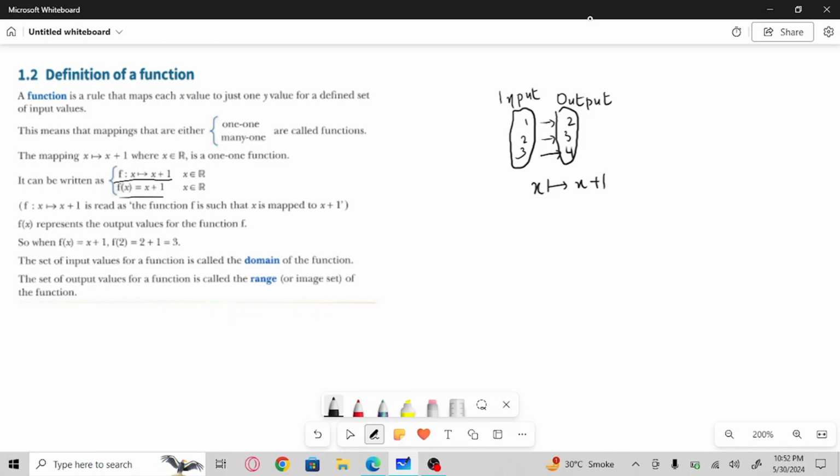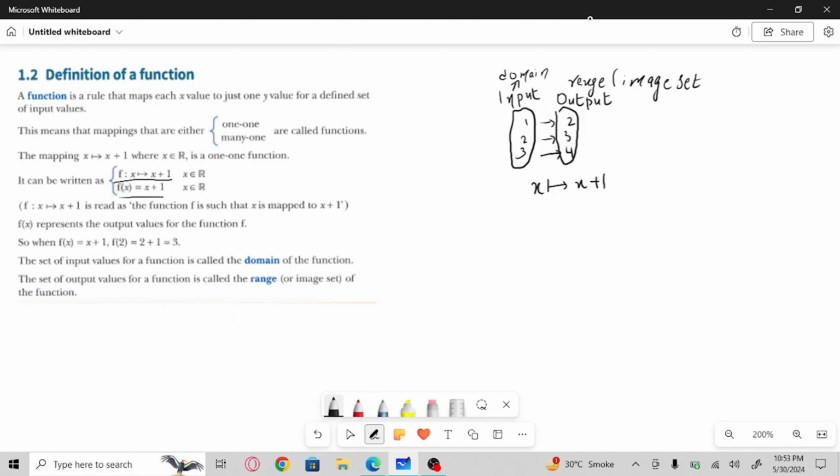So now, similarly, we are going to say that the input we give in a function is called a domain. Okay, it's called a domain, and the output we get is called the range, and many people may also call it the image set.